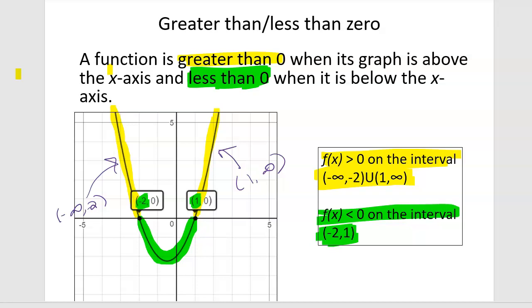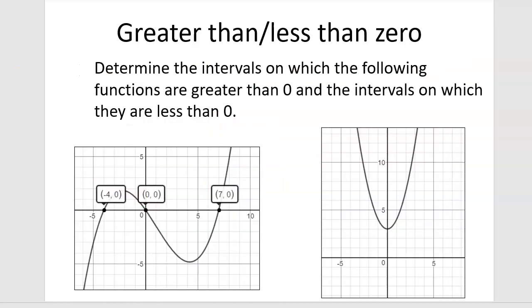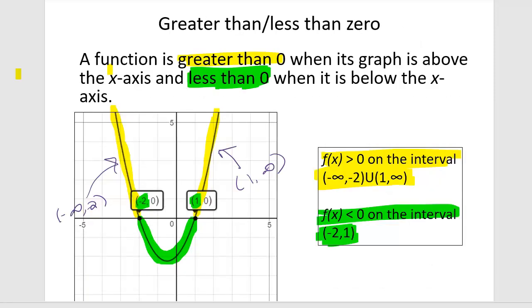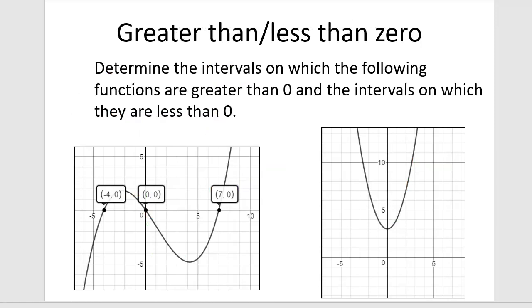So let's do some more together here. Greater than, less than 0. Let's see, what colors did I use before? Greater than was yellow, so I'll stick to that. So in this graph here, I am greater than 0 on that part and that part. And on this graph over here, I am greater than 0 for all of this part.